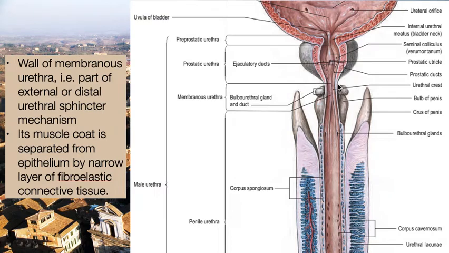Now, here. The wall of the membranous urethra is part of the external or distal urethral sphincter mechanism. This muscle coat is separated from the epithelium by a narrow layer of fibroelastic connective tissue.